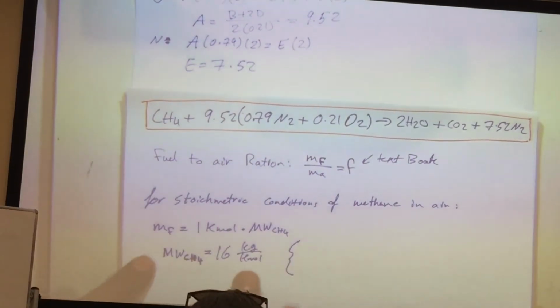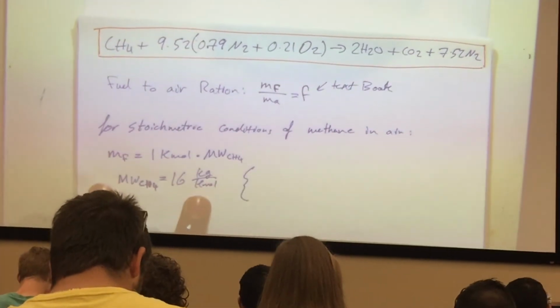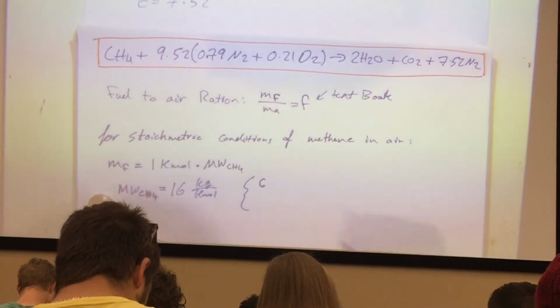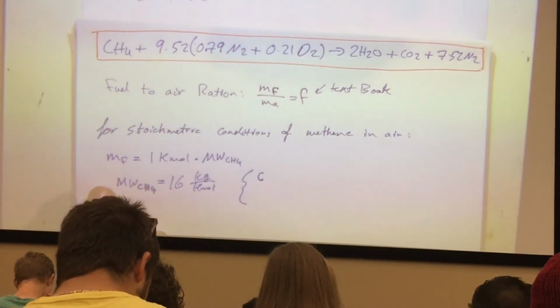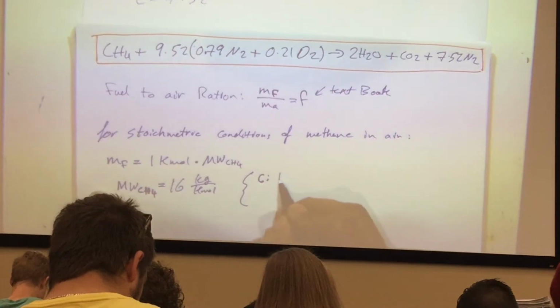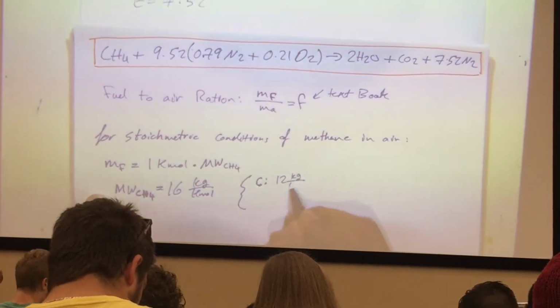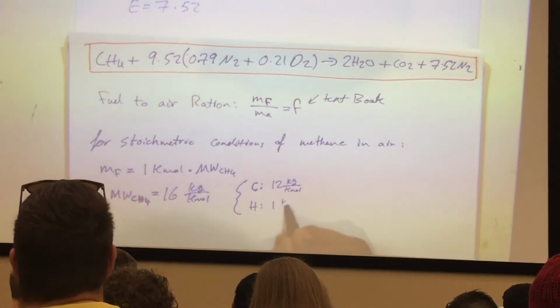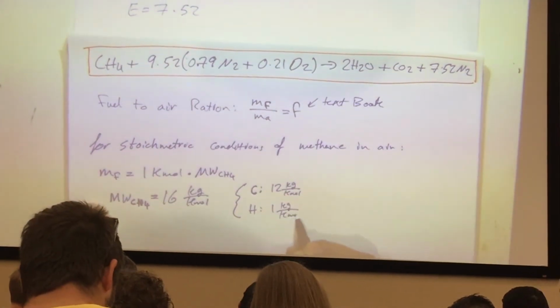So they got to a problem where they needed to know this value. Now, how did I get 16 kilograms per kilomole? Well, I have the kilograms per kilomole for each individual species. C is 12 kilograms per kilomole, and H is 1 kilogram per kilomole.